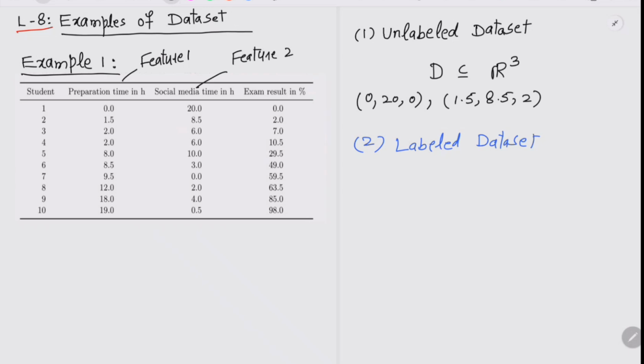There are two features, for example, and this is the last column. The third column is the result. Now remember that in 1 week, suppose there are 24 hours. So 24 hours times 7, we have 168 hours total in 1 week.